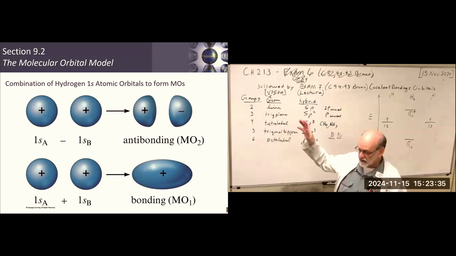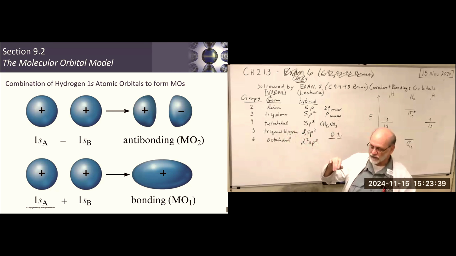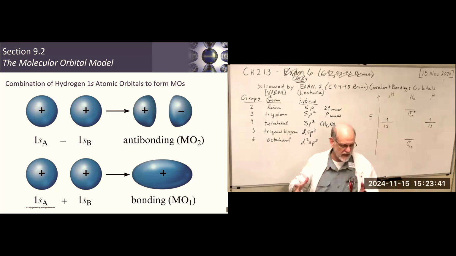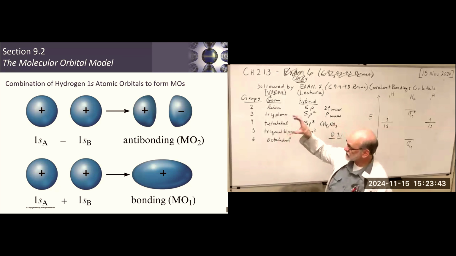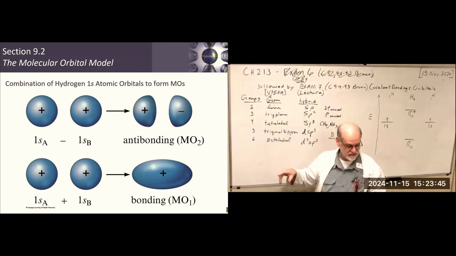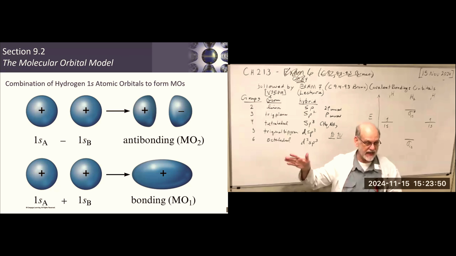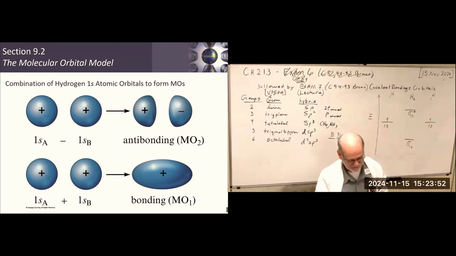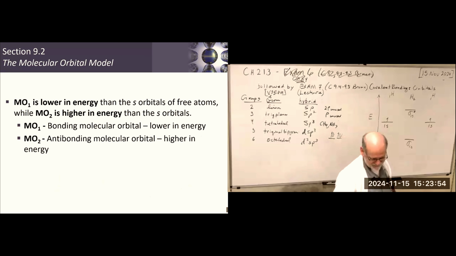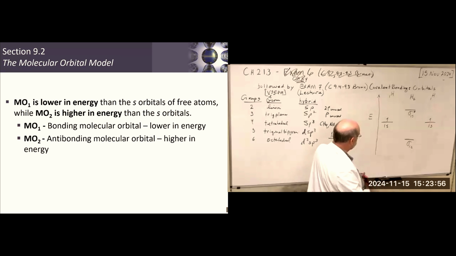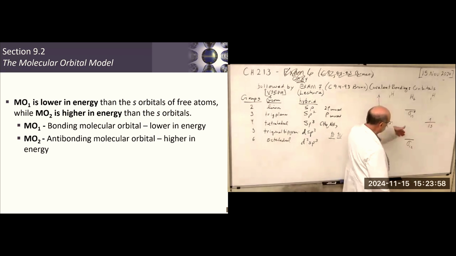Now this slide tries to show you what the electron density would look like. The bonding orbital places most of the density between the atoms. And the anti-bonding orbital actually puts a node between the atoms. But the anti-bonding orbital is going to be higher than the bonding orbital. That's bugging me.